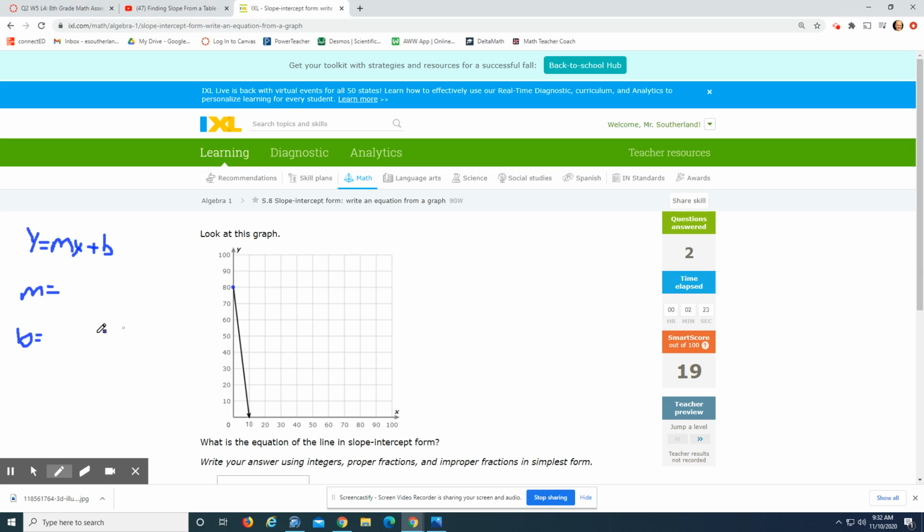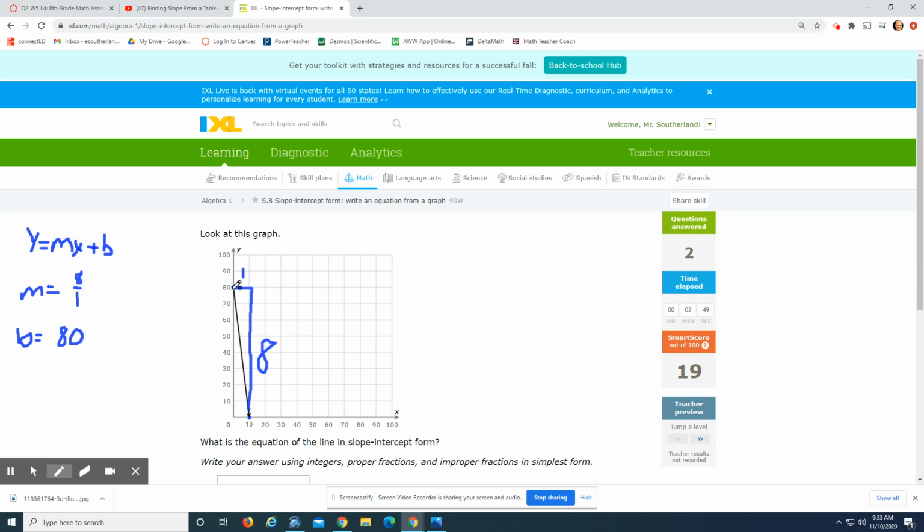All right, so we still need to know what the slope is and what the y-intercept is. Right here, it crosses at 80. And then we can see it crosses again way down here. And so we can see that that's 8 and that's 1. It's actually 80 and 10, but 80 over 10 is going to reduce to 8 over 1.